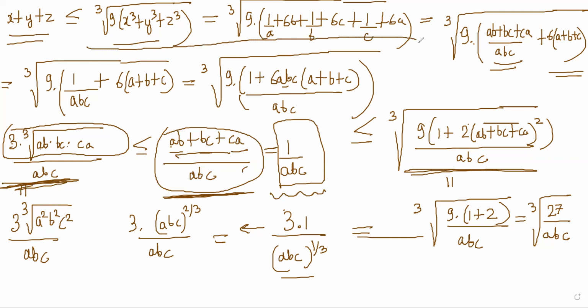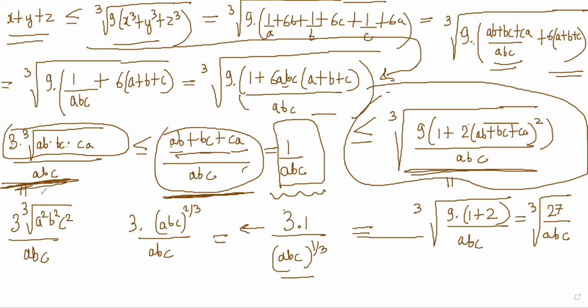It's going like this, till this point, and then that is less than this, and which is equal to this, which is less than 1 by ABC, right? So this establishes Holder's inequality. This establishes the proof here. This was an IMO shortlisted problem.